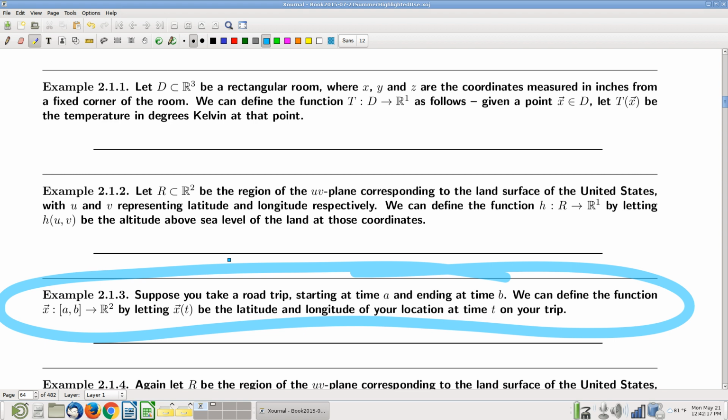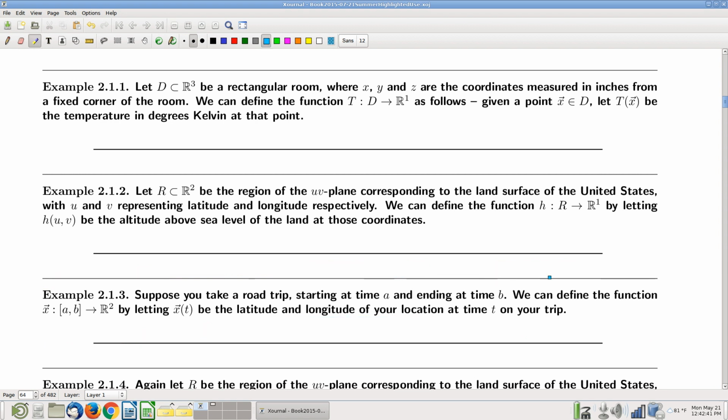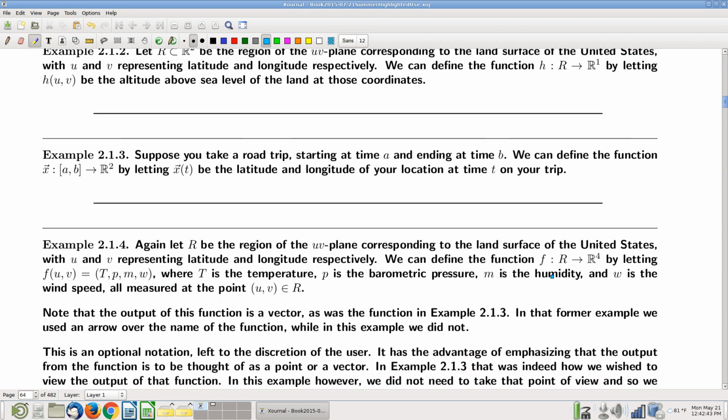For any given time, you have a corresponding location on the map. So 1 number goes in, time, and what comes out is 2 numbers, namely longitude and latitude, describing where you were at that given time. Another function.